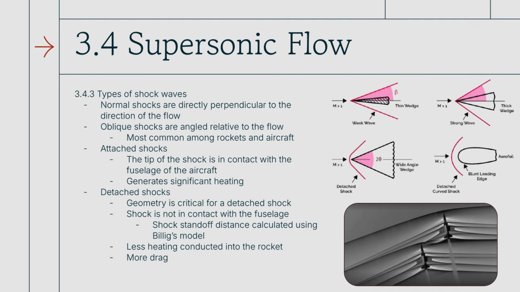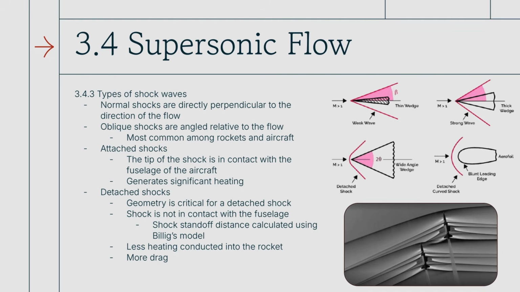So it's acting kind of as an insulator. And so this happens a lot when you have rounded features and you're traveling supersonic. The rounded feature will add more drag to your vehicle, but that may be advantageous if a lot less of the heat from the shockwave is actually going into your vehicle.